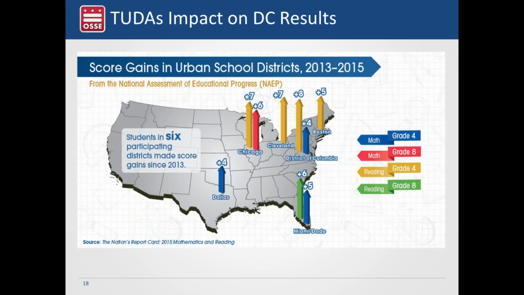As mentioned previously, the NAEP also reports TUDA level results. The DC TUDA gained 8 points from 2013 to 2015 in 4th grade reading results, and gained 4 points from 2013 to 2015 in grade 4 mathematics. In fact, the DC TUDA had the highest gain of all the districts in grade 4 reading.